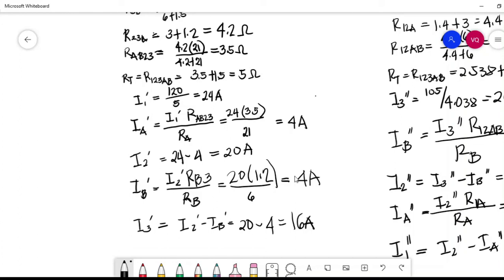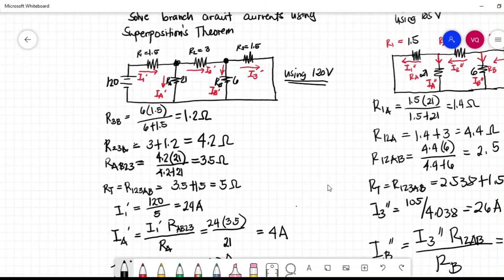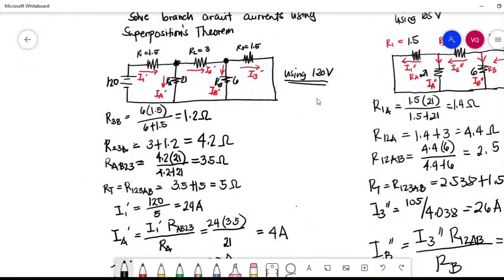So 20 times 1.2 divided by 6 is 4 amperes. So by KCL, I3 prime is equal to I2 prime minus IB prime. So 20 minus 4 is equal to 16 amperes. So that's it for 120 volts.